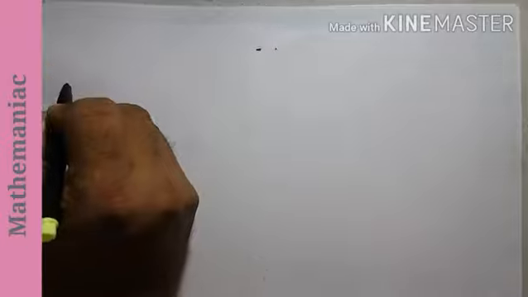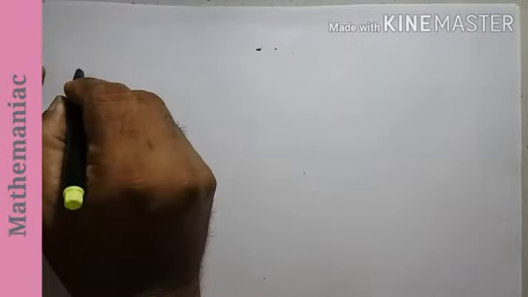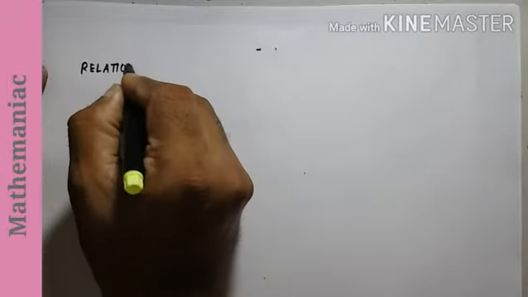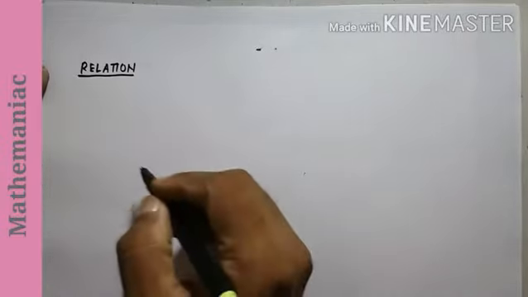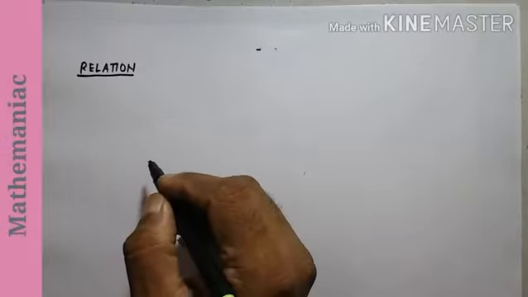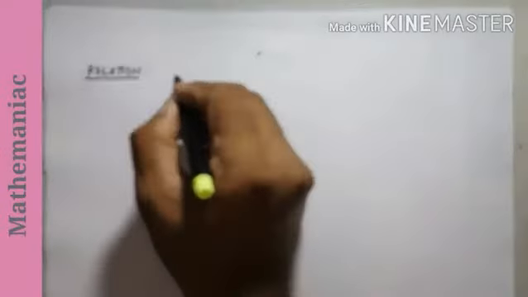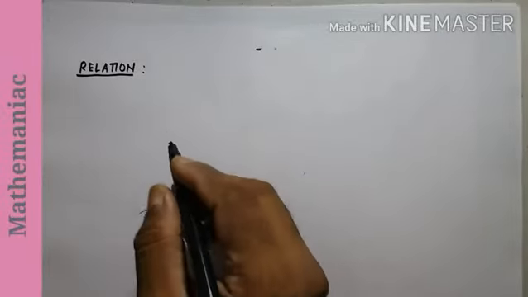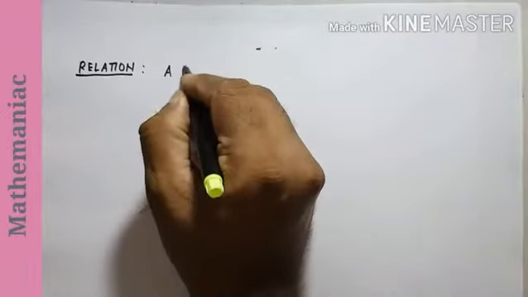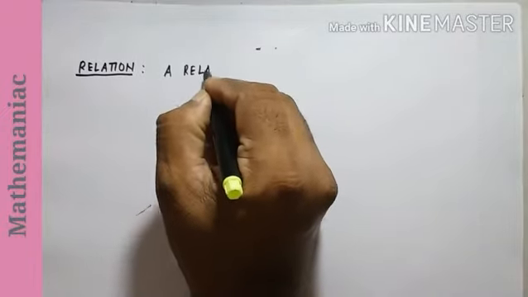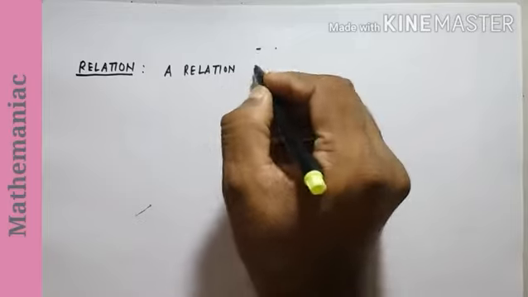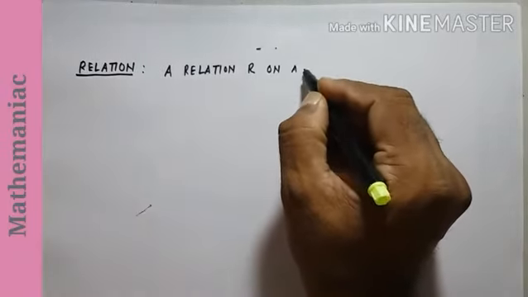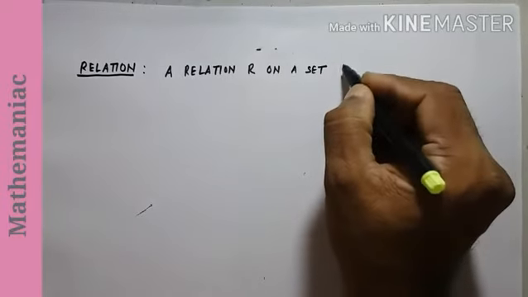Relation. What is a relation? First of all, you have to know what is called a relation. So just let me recap the concept we got in class 11. A relation R on a set A, right?